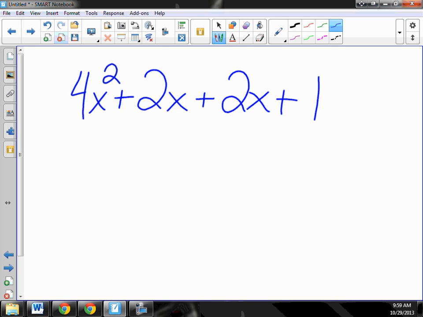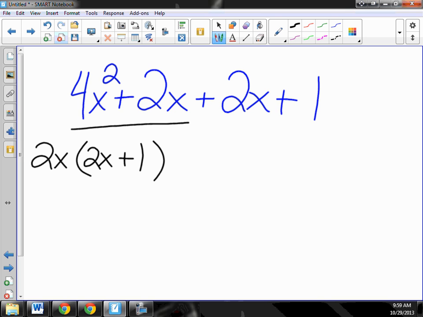So let's say that I do the multiplication, I split the terms, I bring down the first term and the last term, and I'm at the grouping stage. Can I pull anything out of that? 2x. So 2x, what's left? 2x plus 1.